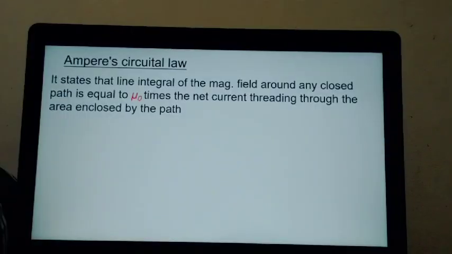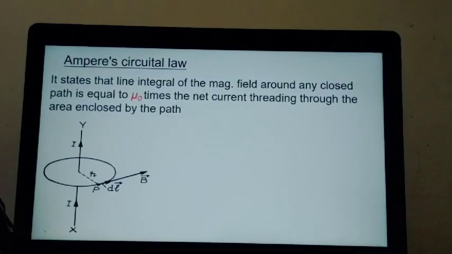So we can go for the proof, then it will be very easy for you. You see we have XY, a current carrying straight conductor, carrying a current I. And P, a point at a distance r from the conductor, where we have to find the magnetic field intensity.